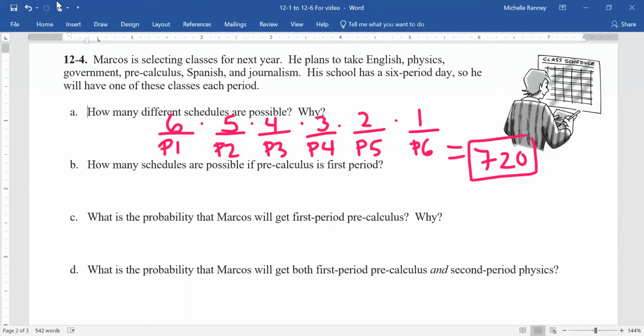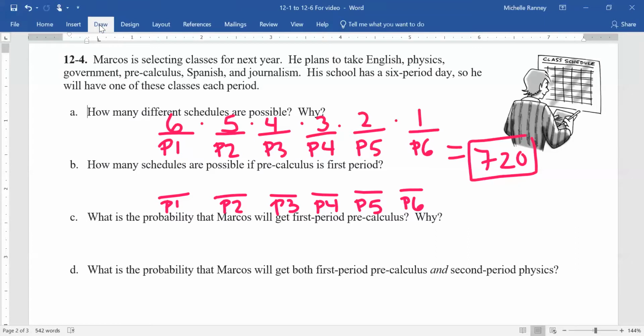How many schedules are possible if pre-calculus is period 1? So now when I'm doing this, I still have 6 periods. So period 1, period 2, period 3, period 4, 5, and 6.